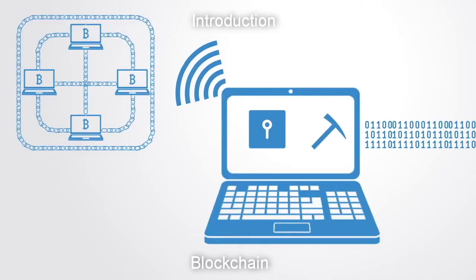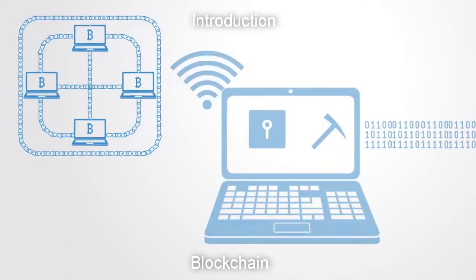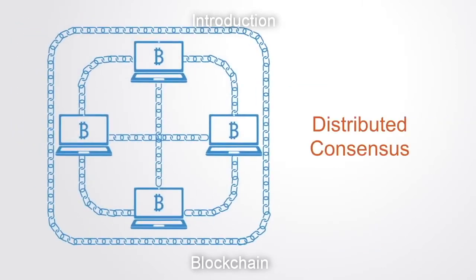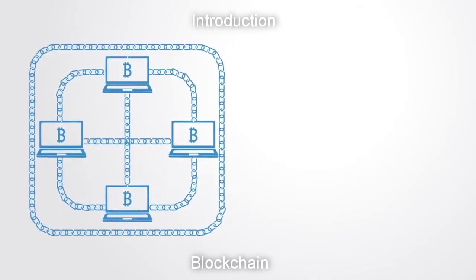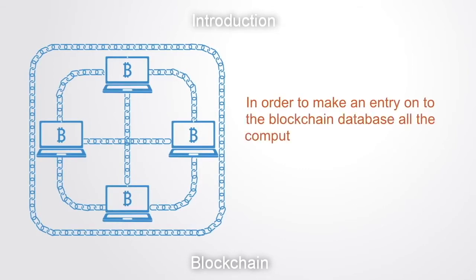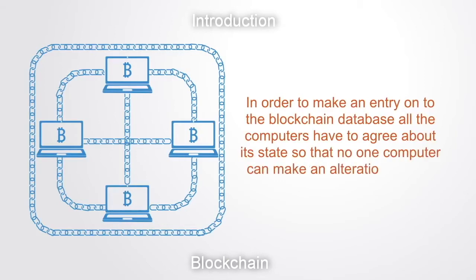Because there is no centralized component to verify the alterations to the database, the blockchain depends upon a distributed consensus algorithm. In order to make an entry onto the blockchain database, all the computers have to agree about its state, so that no one computer can make an alteration without the consensus of others.